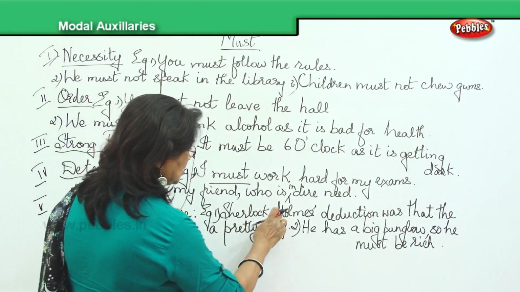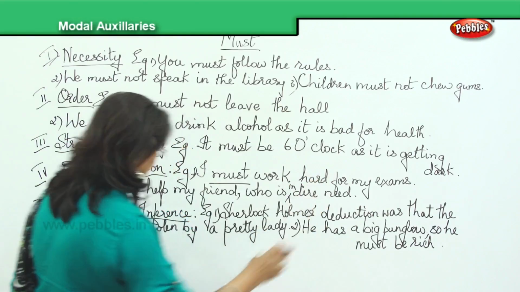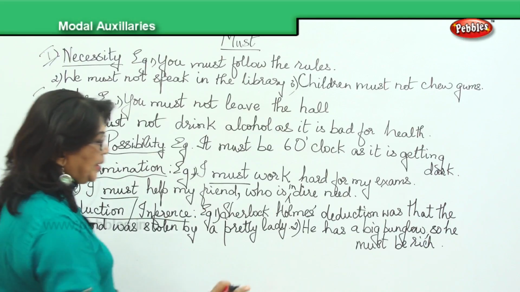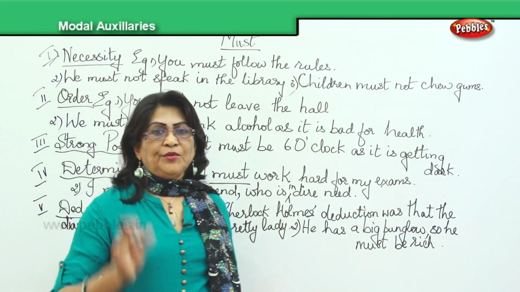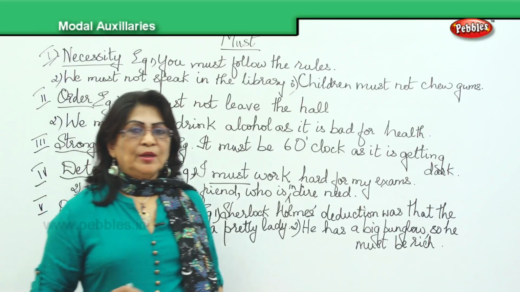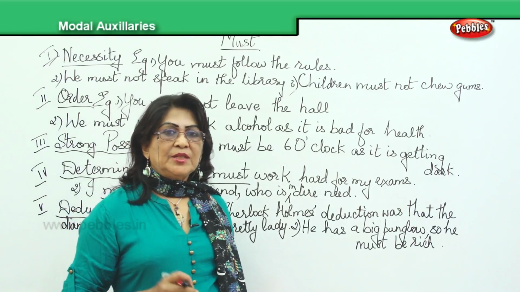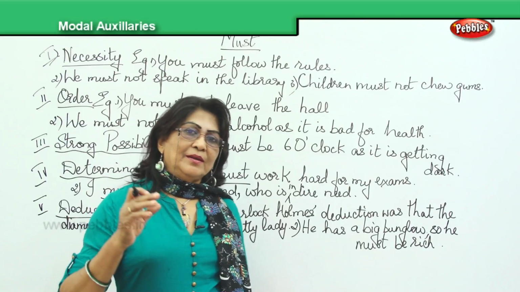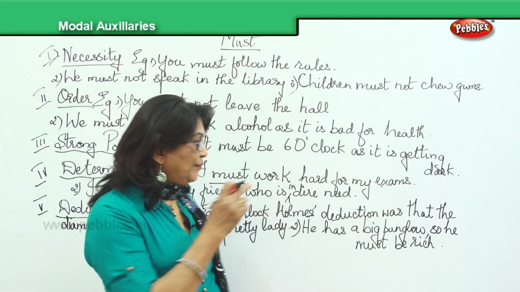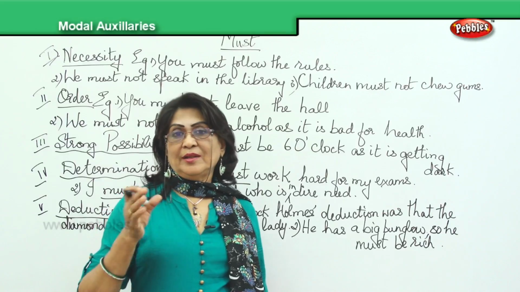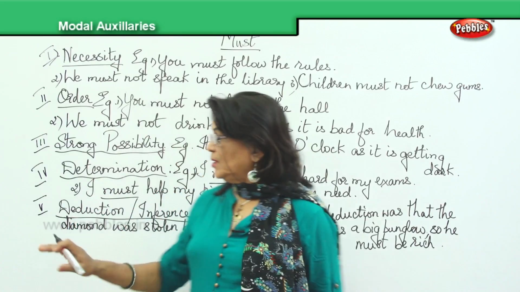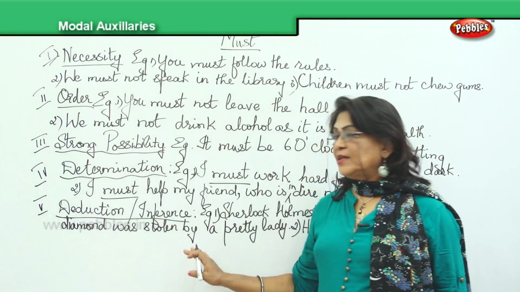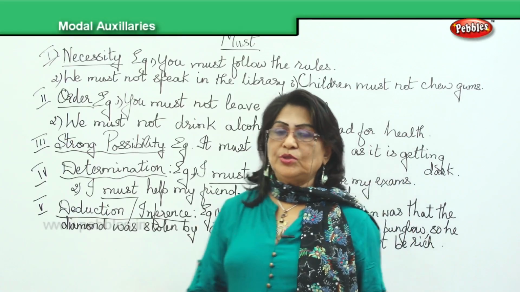Sherlock Holmes's deduction was that the diamond was stolen by a pretty lady. If you watch the Pink Panther movie, Steve Martin acts as a detective and he finds out who stole the diamond. Okay, so deductions or inferences are nothing but conclusions.